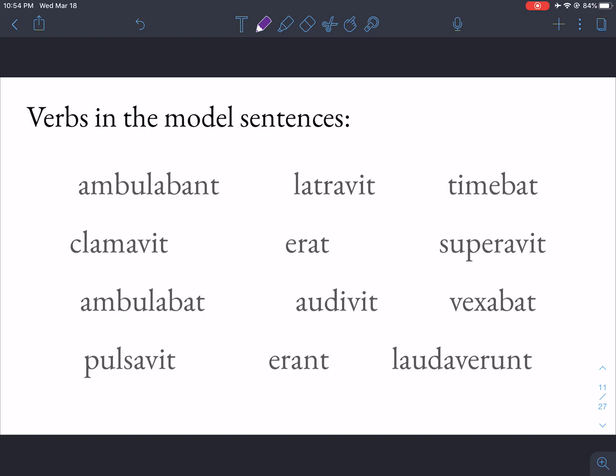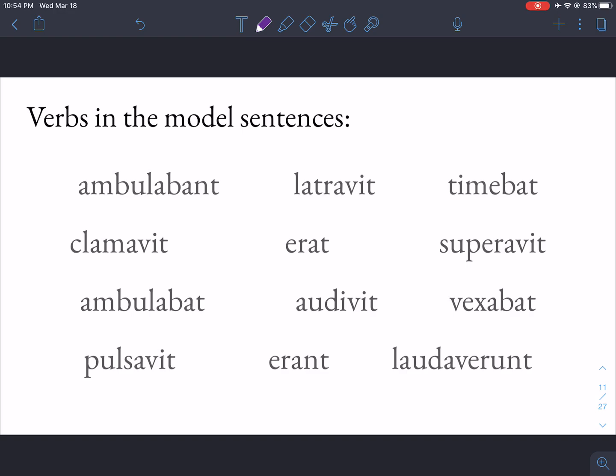Okay, ambulabant, latravit, timebat, clamavit, erat, superavit, ambulabat, audivit, vexabat, pulsavit, errant, laudaverunt.